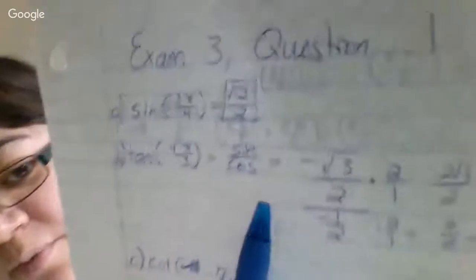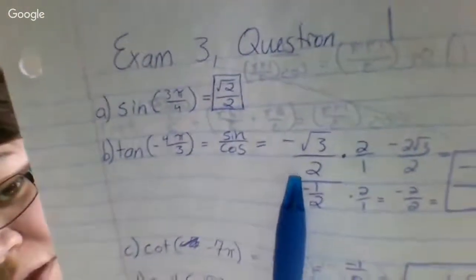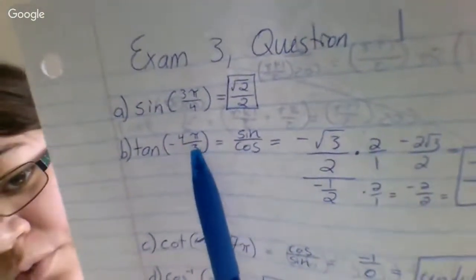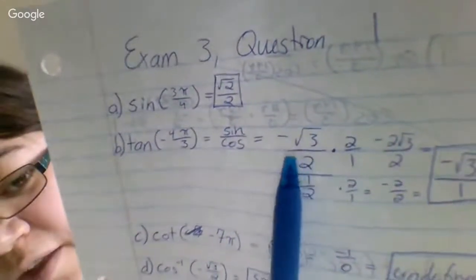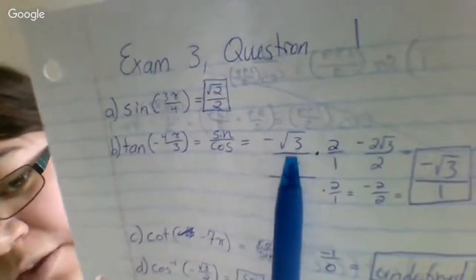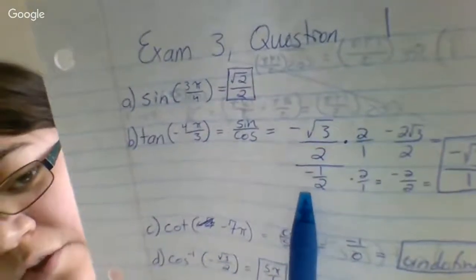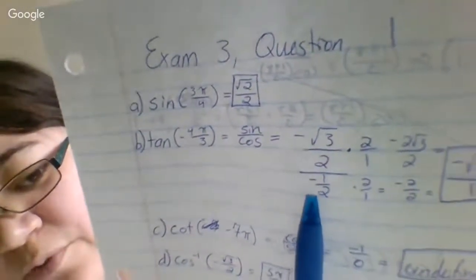For B, it's the tangent of 4 pi over 3. So if we remember, tangent is sine over cosine. So what we're going to do is put sine over cosine, which, sine of 4 pi over 3, if you're remembering back to your unit circle, the sine value is negative square root of 3 over 2, and the cosine value is negative 1 over 2.